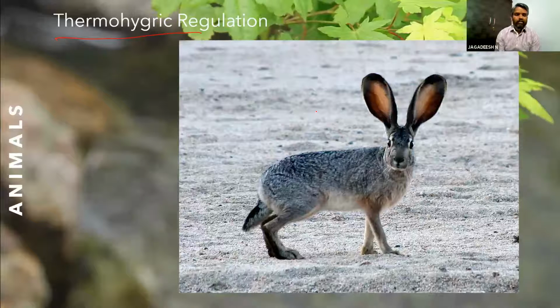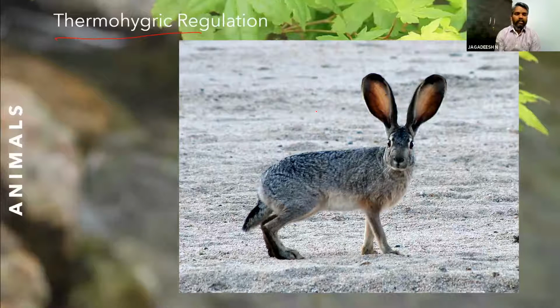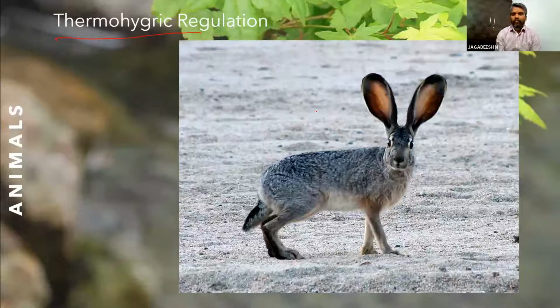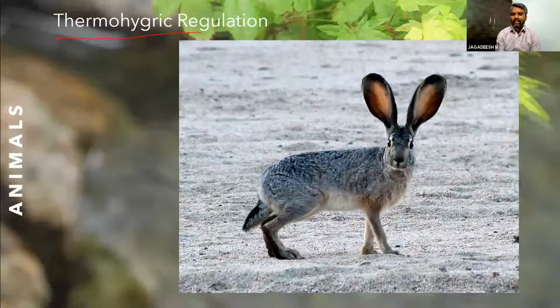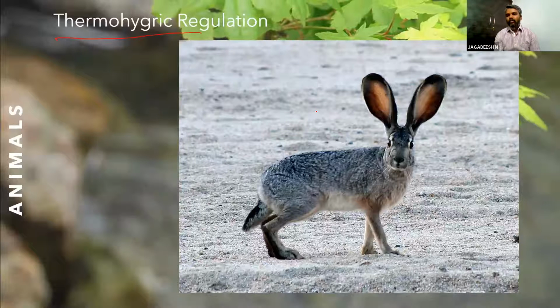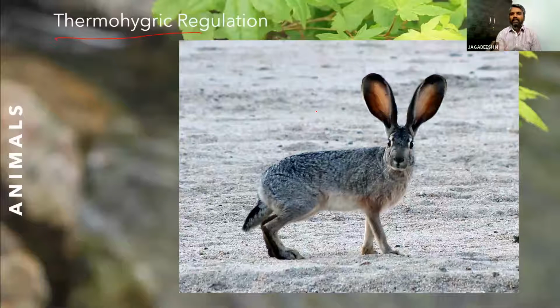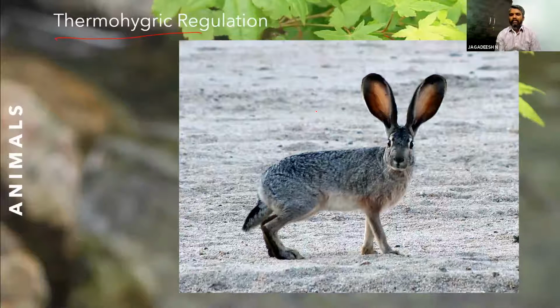The enormous auricles, endowed with a thick net of tiny superficial blood vessels, act as radiators to cool down the body temperature. So this is one adaptation made for desert conditions.